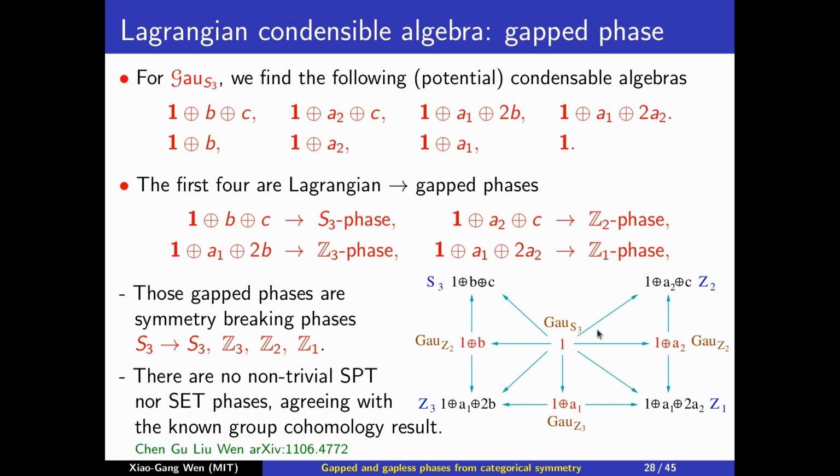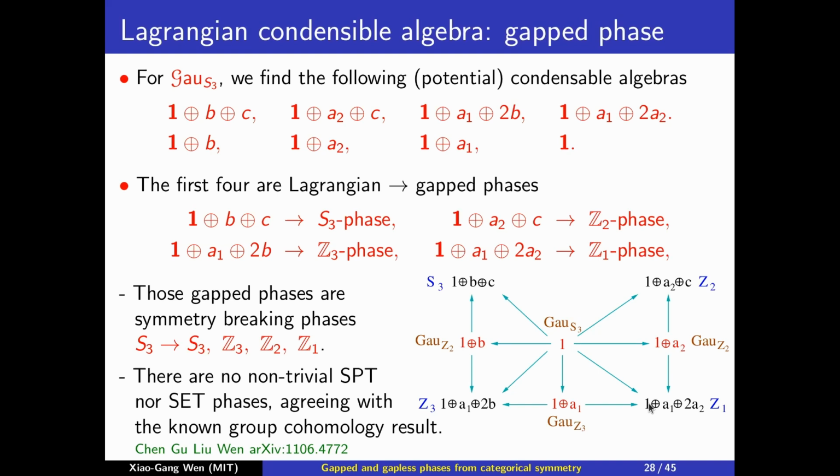What's going on? Does this picture suggest that the S3 to Z2 transition and the S3 to Z1 transition are described by the same CFT? But maybe this is too much, because we said that there are multiple 1 condensed boundaries. So one condensed boundary corresponds to several CFTs. So one CFT describes S3 to Z2, another one describes S3 to Z1.